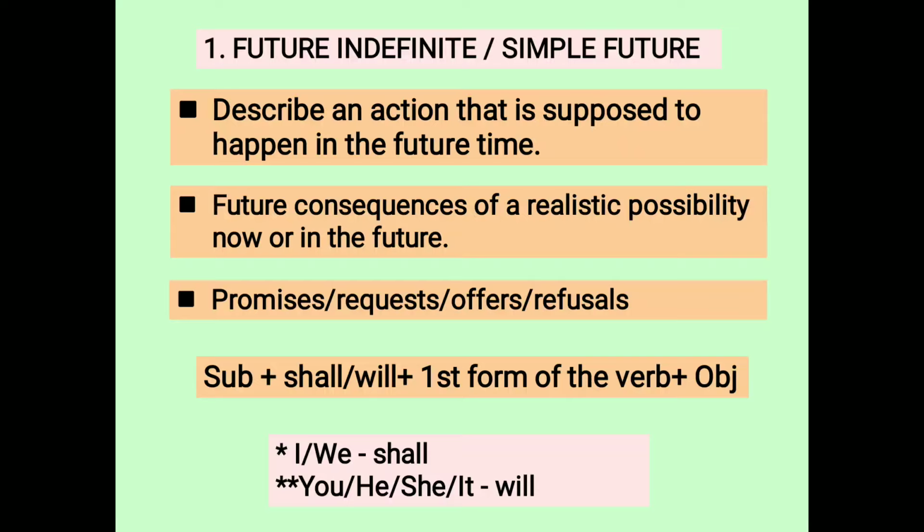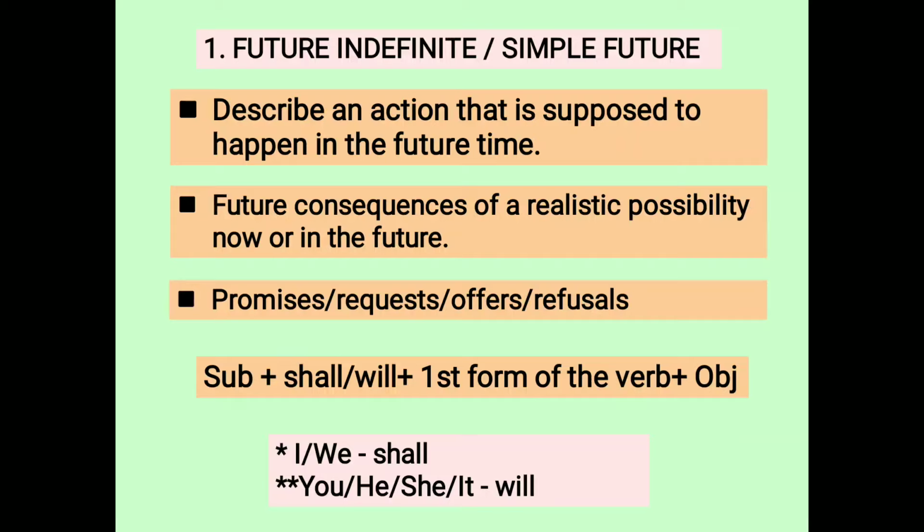In order to suggest that, we use future simple or future indefinite. Last but not the least, future indefinite is used to suggest promises, words, requests, offers, and also refusals. So in these other categories also we use simple future.